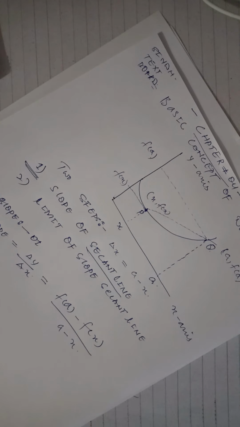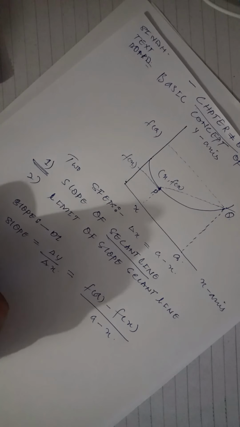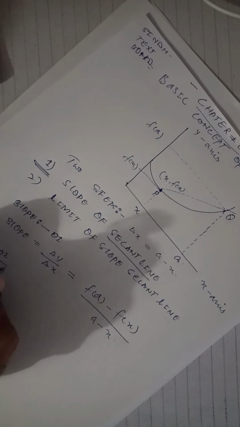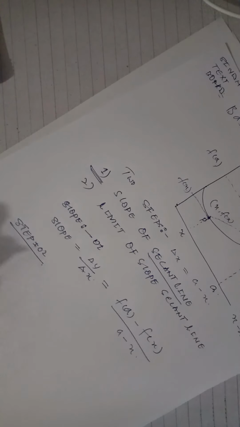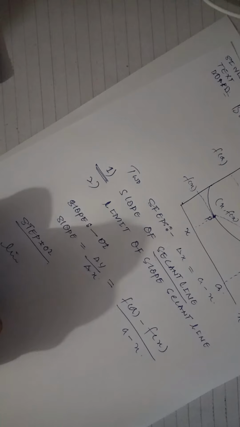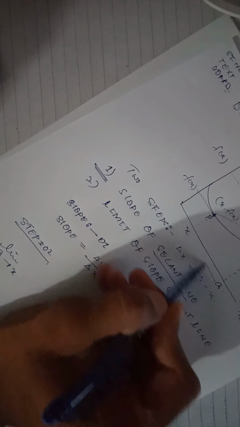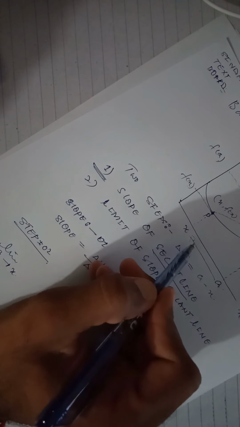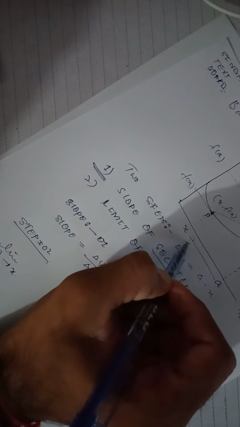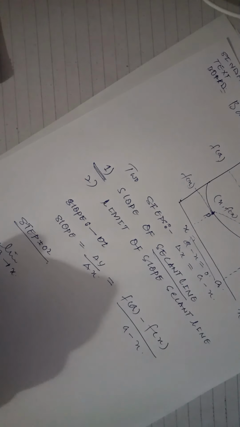Now we move towards step number 2. In step 2, we take the limit as a approaches x, which means a minus x is equal to 0.